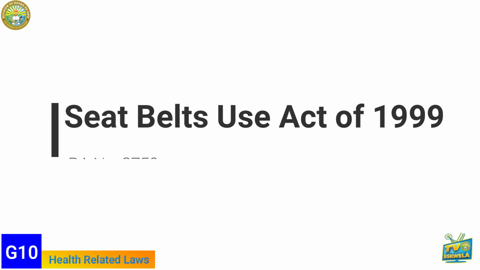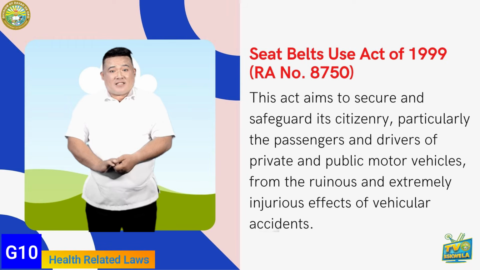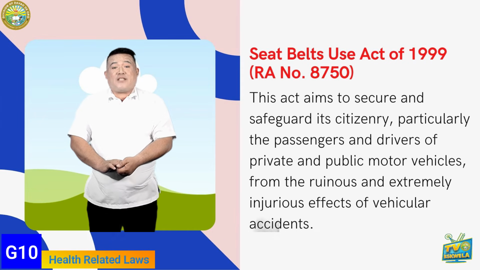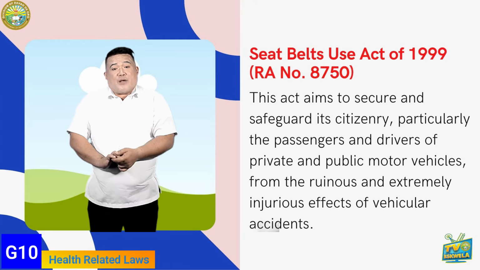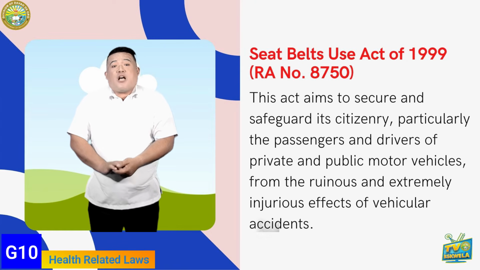Eighth, Seatbelts Use Act of 1999, otherwise known as RA Number 8750. This act aims to secure and safeguard its citizenry, particularly the passengers and drivers of private and public motor vehicles, from the ruinous and extremely injurious effects of vehicular accidents.